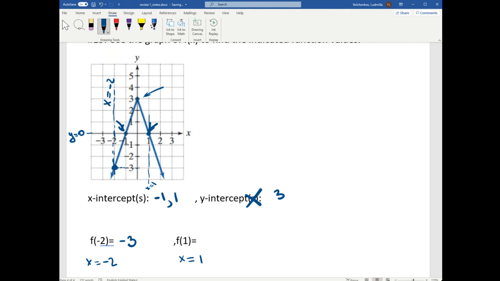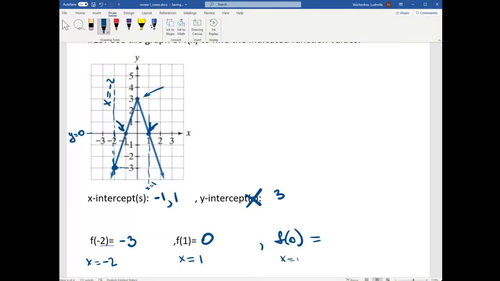So the equation of the horizontal axis is actually y equal to 0. Returning to our question, when x equals 1, then y equals 0.